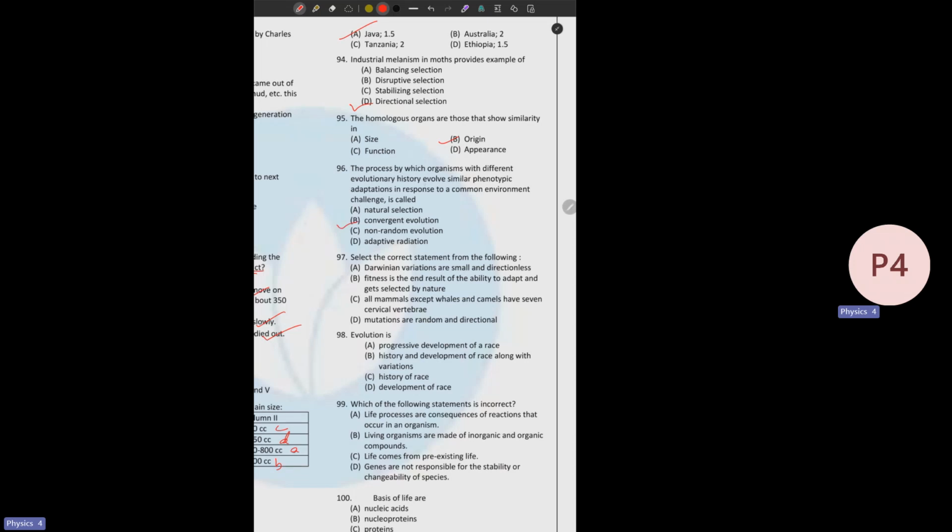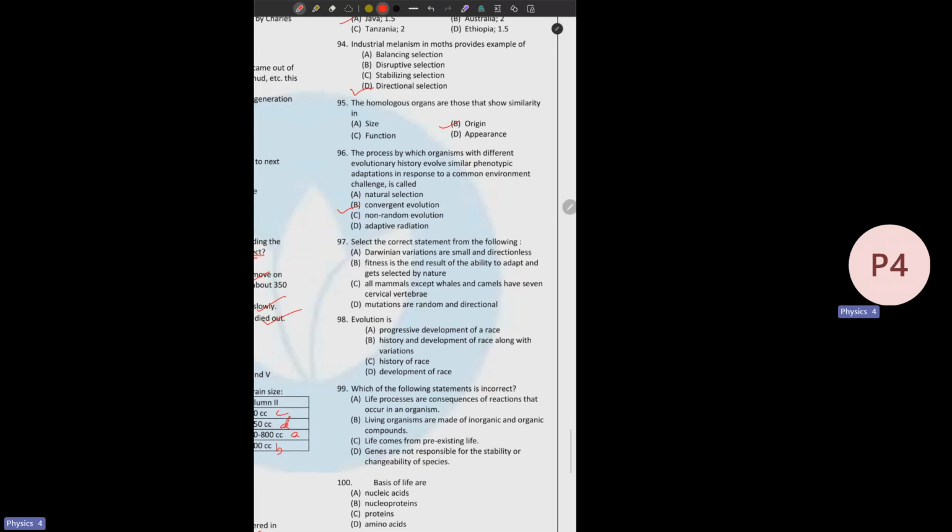See again what the question is telling you. Earlier they were in different environments with different abilities, but when they came into the same environment, those organisms developed same features. So it is convergent evolution.